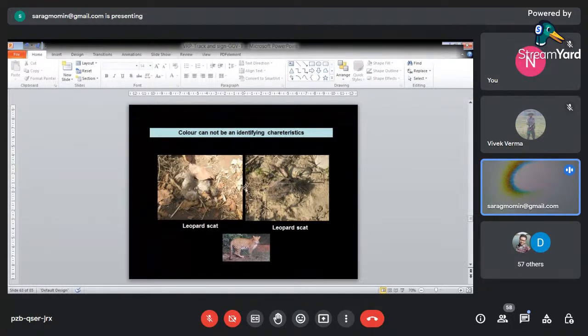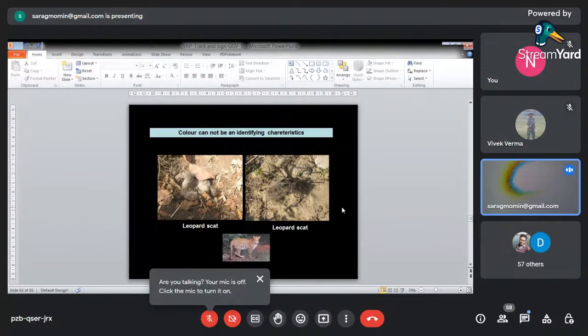That's why their scat looks white in color. So the food intake, the quality of food as well as the species chosen as food also influence the color and shape pattern of the scat.